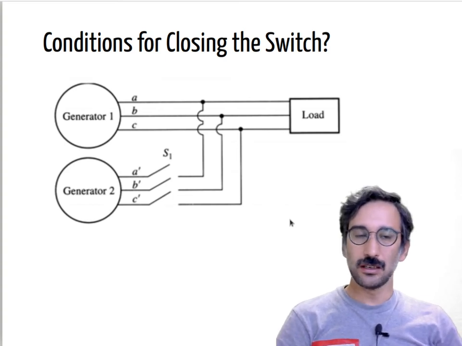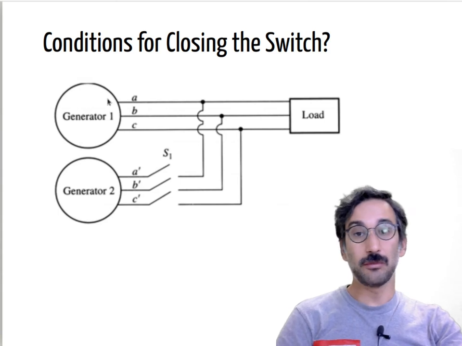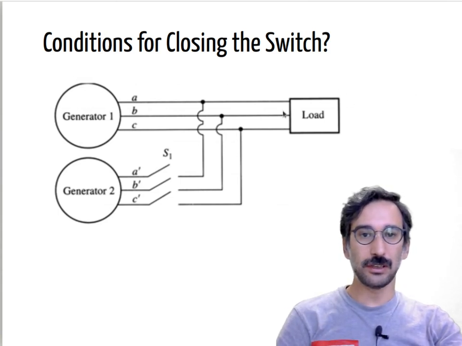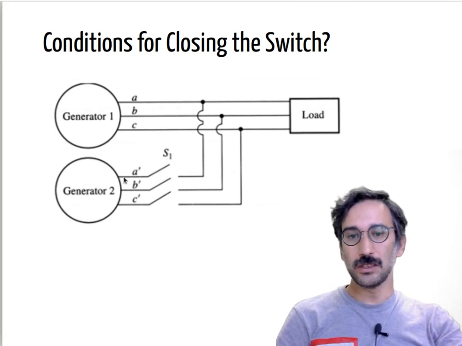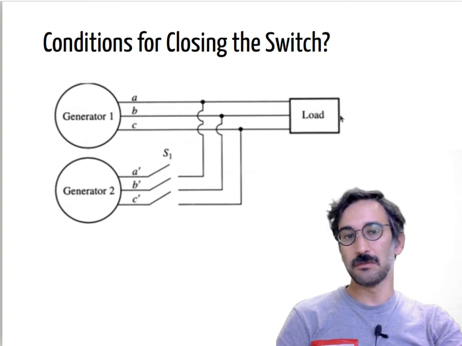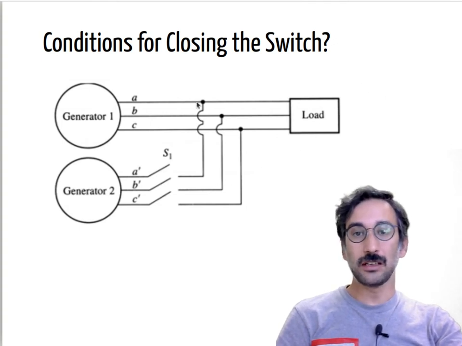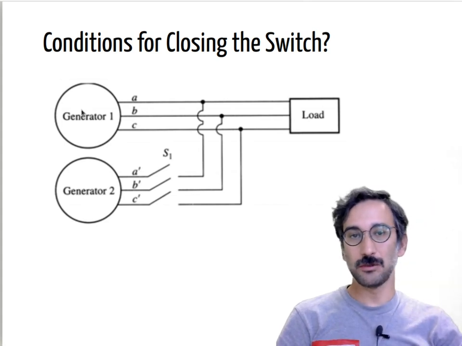Okay, that is our condition. Let's say you have one generator, or maybe many generators already connected, and they are already running. And you want to connect another generator to the same system. Maybe the load increased, and this generator is already generating its maximum power.